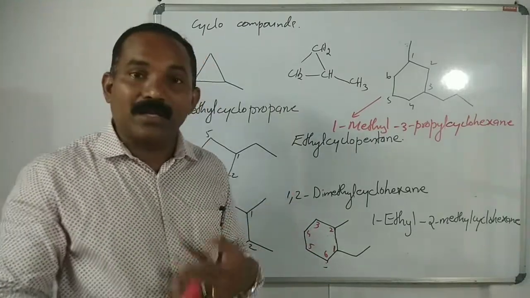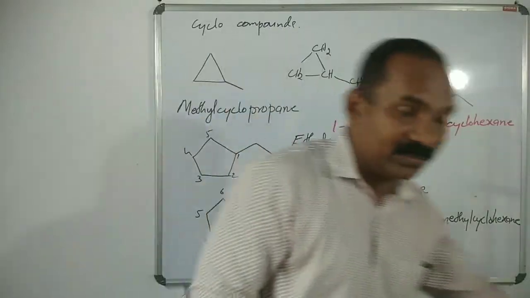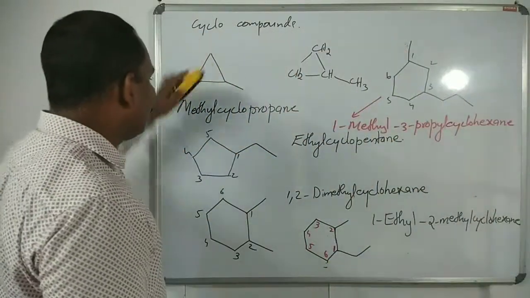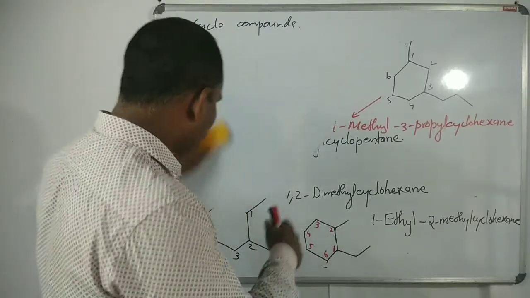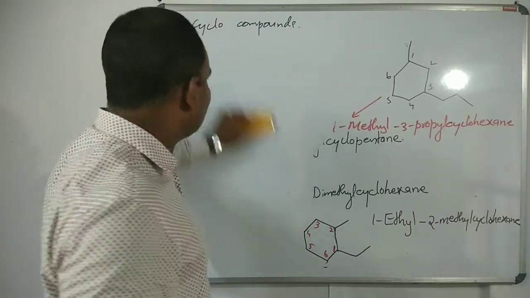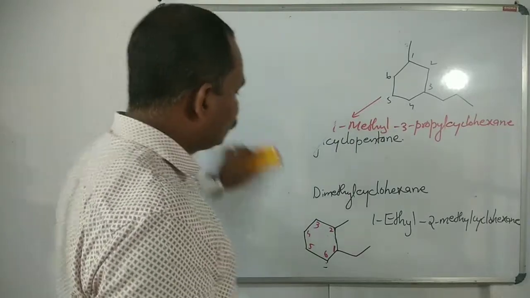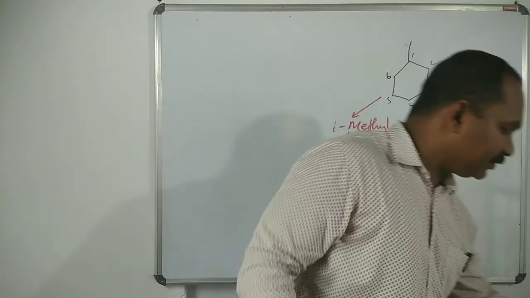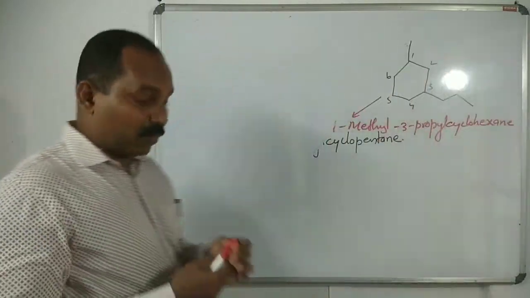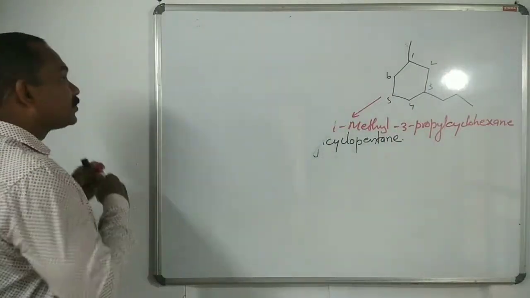Then we use one more substituent. Another, we can discuss one more substituent. Here the maximum number of substituents is 2. So now we discuss the molecule which contains one more substituent.